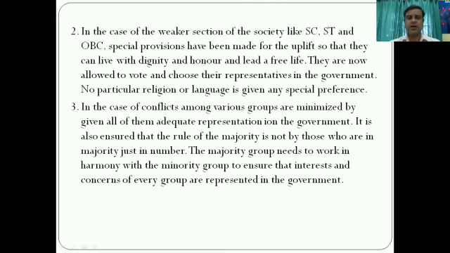Third, conflicts among various groups are minimized by giving all of them adequate representation in the government. It is also ensured that the rule of the majority is not only for those who are in the majority just in number. The majority group needs to work in harmony with the minority group to ensure that the interests and concerns of every group are represented in the government.